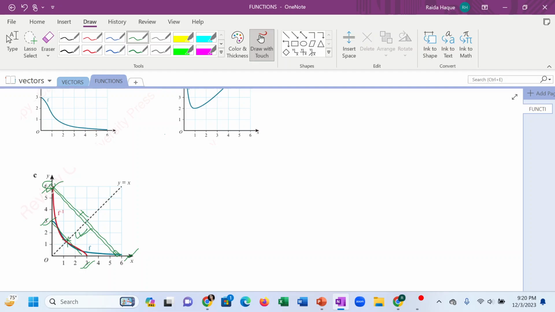Or in other words, any line that connects a point from f(x) to the corresponding point of f inverse (x) has the following equation: y equals minus x plus c, because it is being translated at different points. It can be here, here, here, but the general equation is y equals minus x plus c.